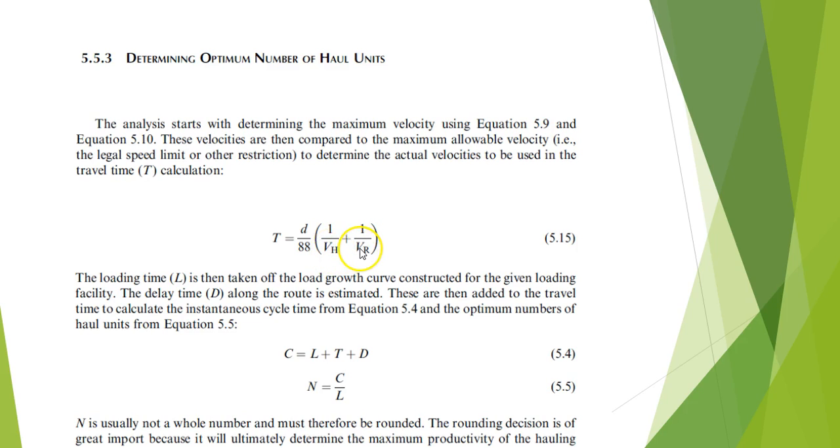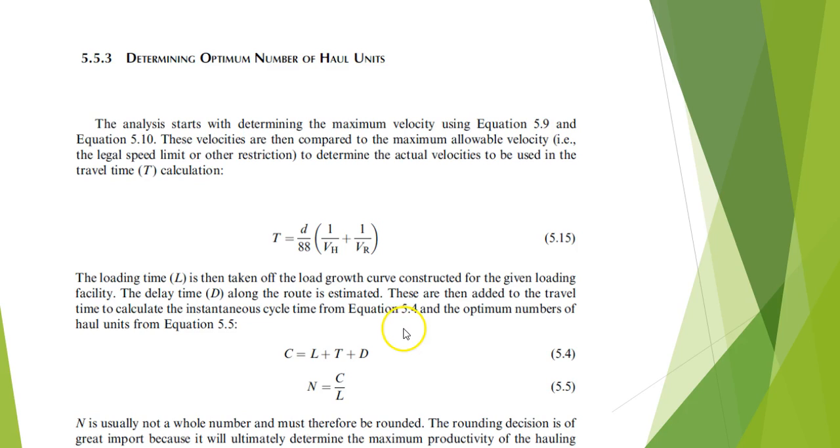Velocity haul, velocity return, as we had before. Loading time, you get off your load growth curve, constructed specifically for that facility. You see, you can make a curve for any type of facility that you have, or combination of equipment. Delay time D is an estimate.